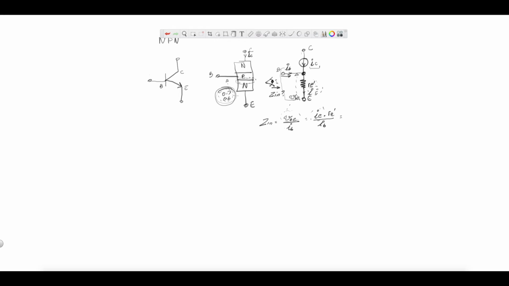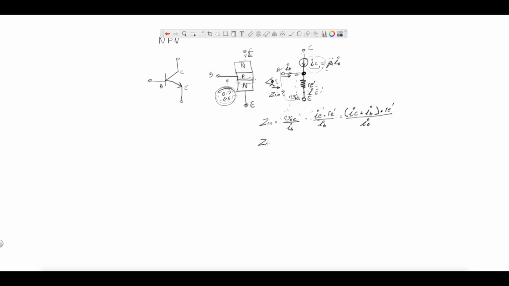We have a current node here, which means it's the sum of little IC plus little IB, everything times RE prime, everything divided by IB. Now there is a relationship between IC and IB, and that is typically equal to beta IB, beta being the forward current gain.